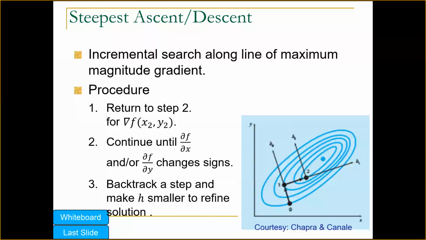What you do is you calculate the function at a little increment around the location, holding one of the variables constant. Then calculate the function, holding the other variable constant for a little increment. Use both of those to estimate the gradient of that function. And then with that, you do your step using your regular incremental step size. Alright? So this is the general procedure for steepest ascent or steepest descent.